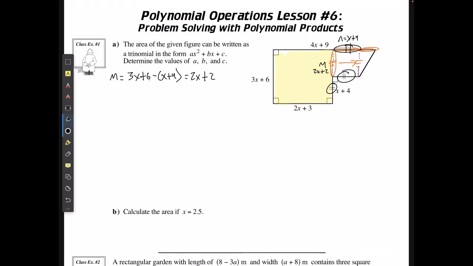And the last part that I would need to solve is going to be this part. Let's call it o. And this side, o, is going to be the entire length along here minus this and minus this.